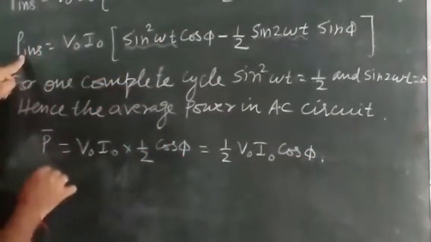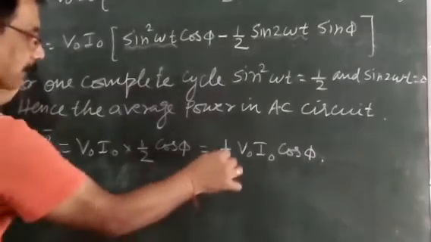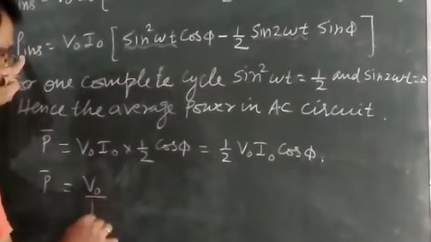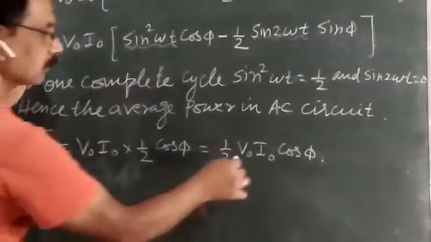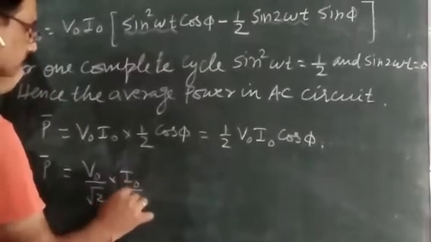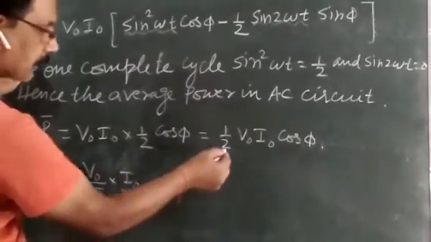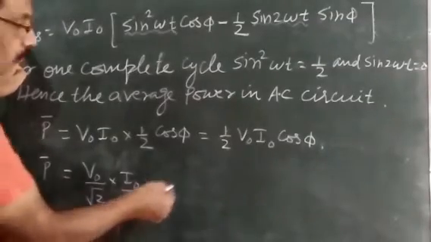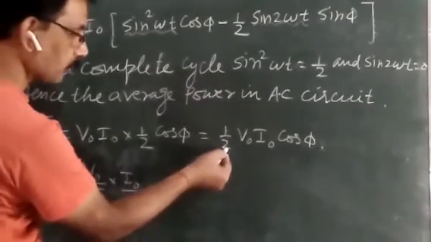So this average power can also be written as, in place of half, we can write V naught by root 2 into I naught by root 2. Means in place of 2, you can write root 2 into root 2. So root 2 into root 2 is what here? 2.